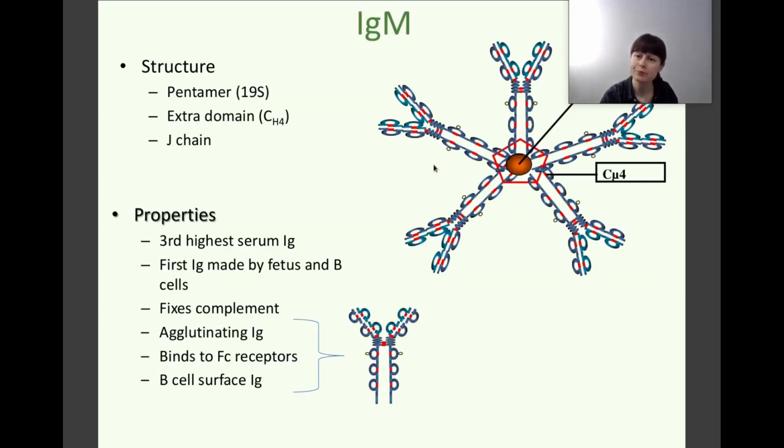Let's talk more about the specific function of each isotype of immunoglobulins, and we start with the immunoglobulin M molecule. Among all immunoglobulins, because it has a pentamer structure, immunoglobulin M has the highest molecular weight. It is present only in intravascular compartments, but not in body fluids or secretions.